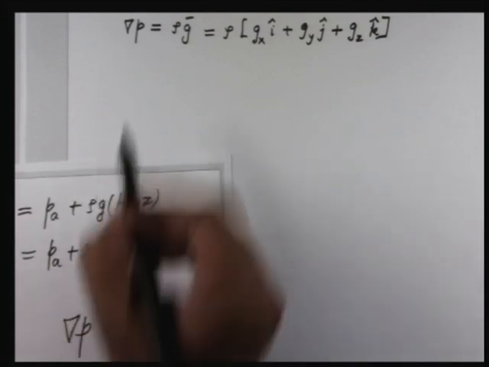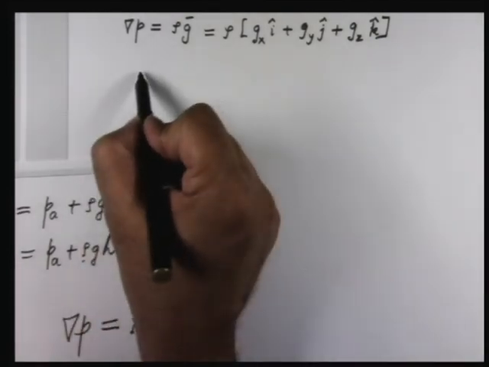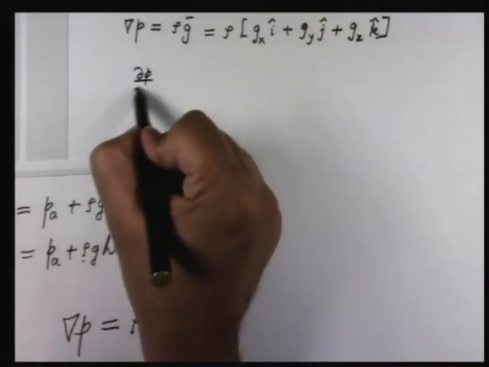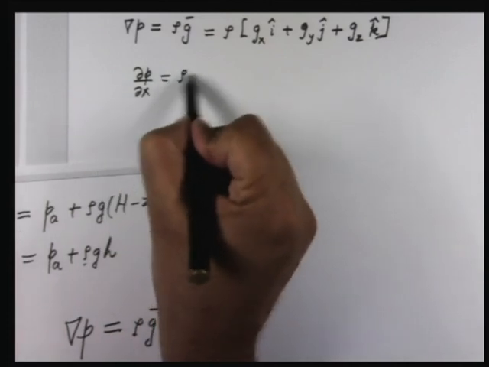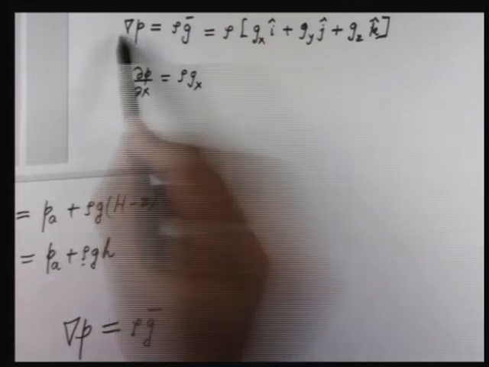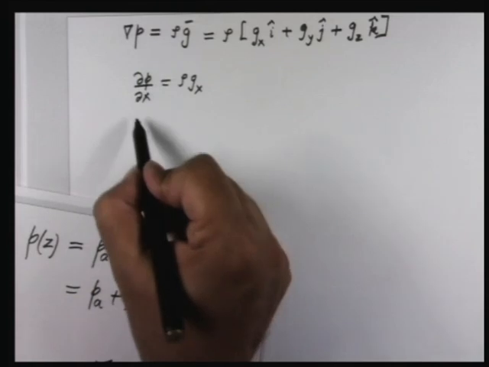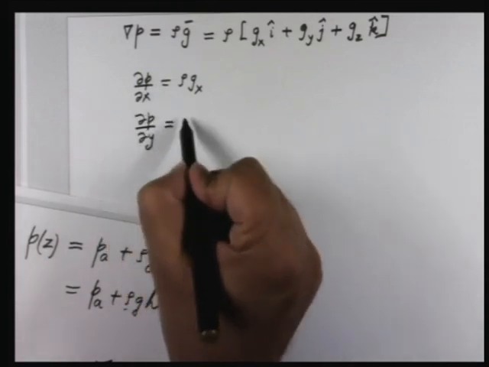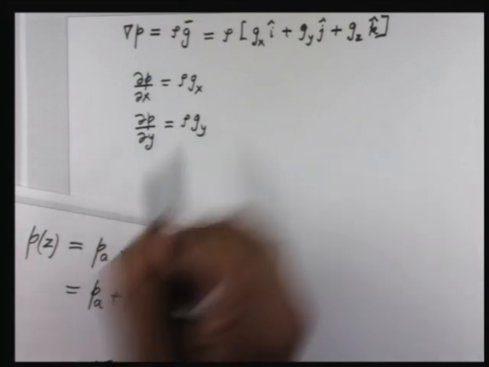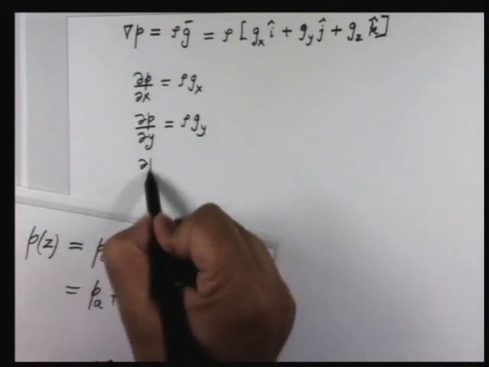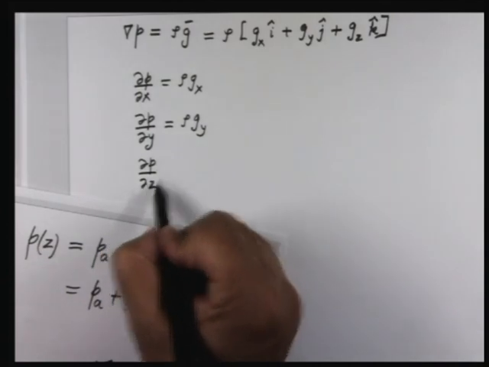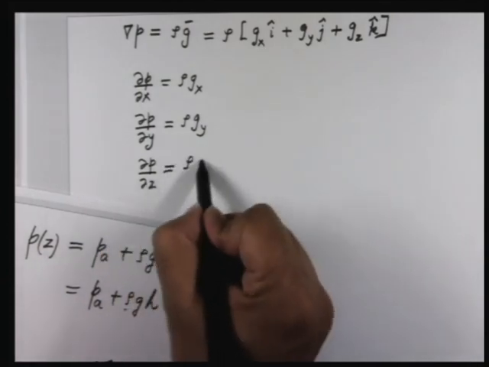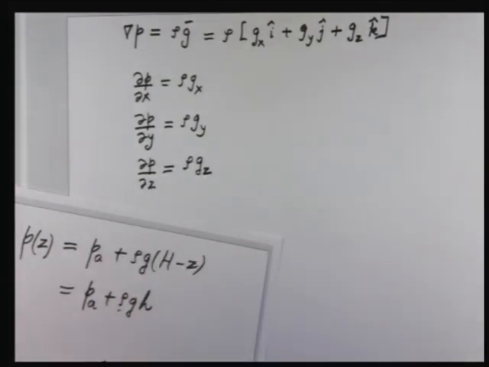So the equation that you want to solve is grad P: del P del x equal to rho gx. If you equate the i component or the x component, if you equate the y component, you are going to have del P del y is equal to rho gy, and if you look at the del P del z, that is going to be rho gz. Okay.